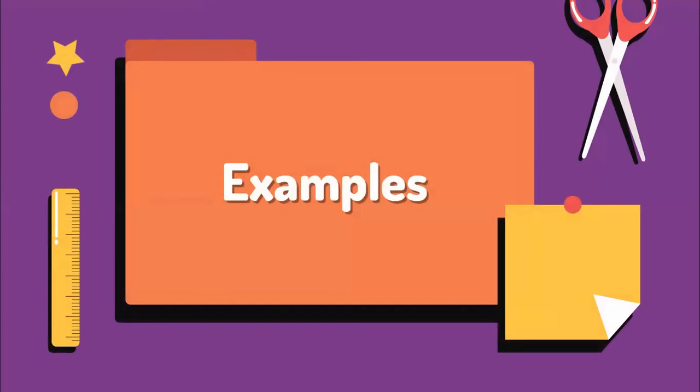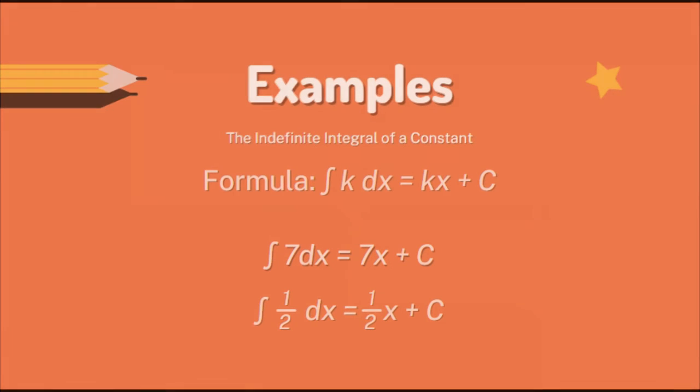Now, to further strengthen your knowledge on this topic, here are some examples which will utilize the given formulas earlier. Here are some examples for the indefinite integral of a constant. The integral of 7 dx is equal to 7x plus c. Now, why is that?